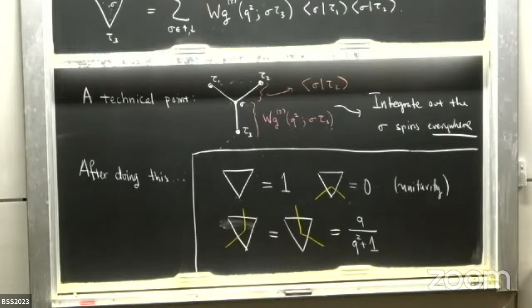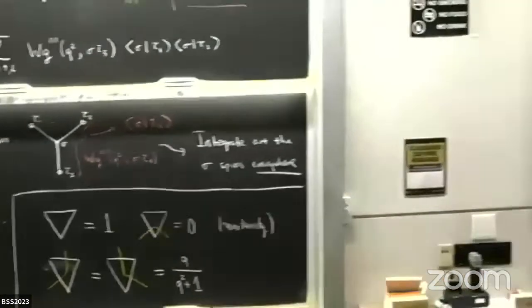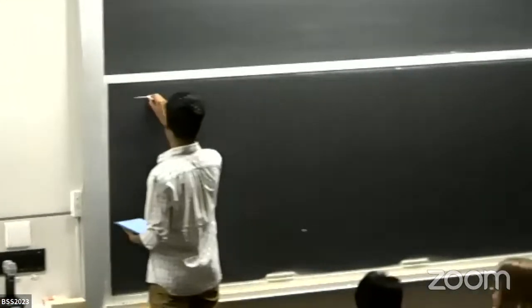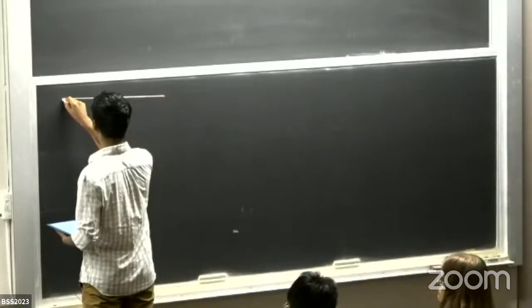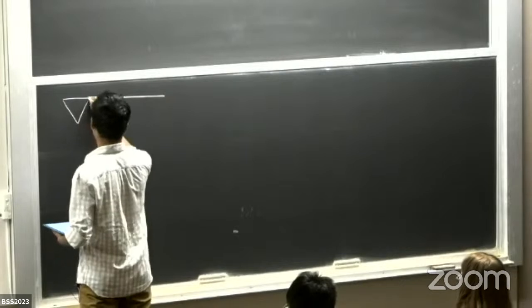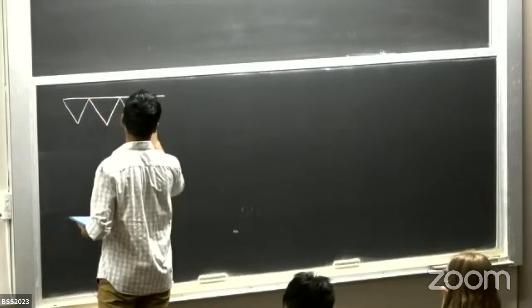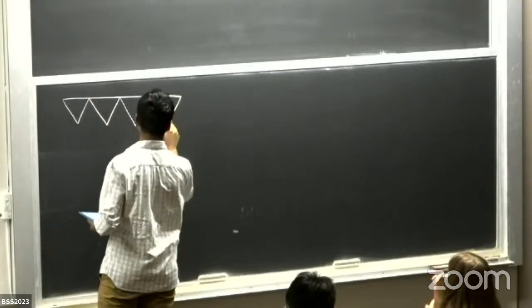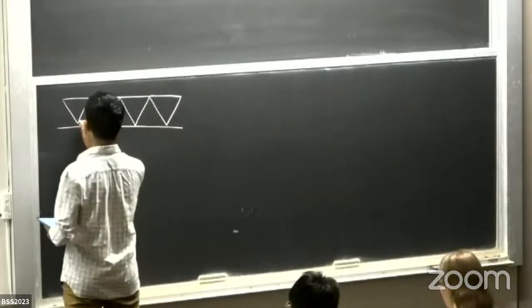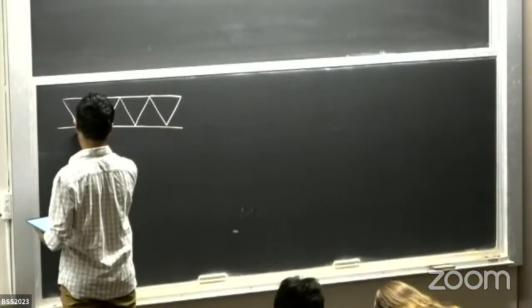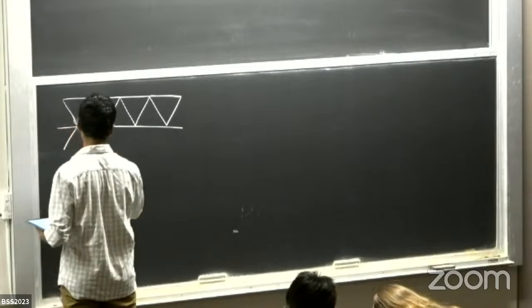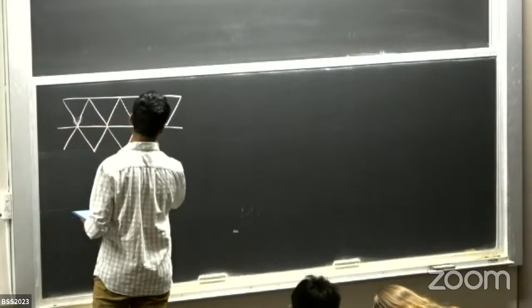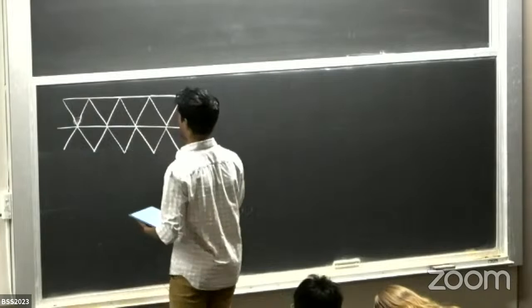Let me continue that here. So the lattice that I have looks something like this. It's a triangular lattice. Let me just draw it for one time step of the brickwork circuit.